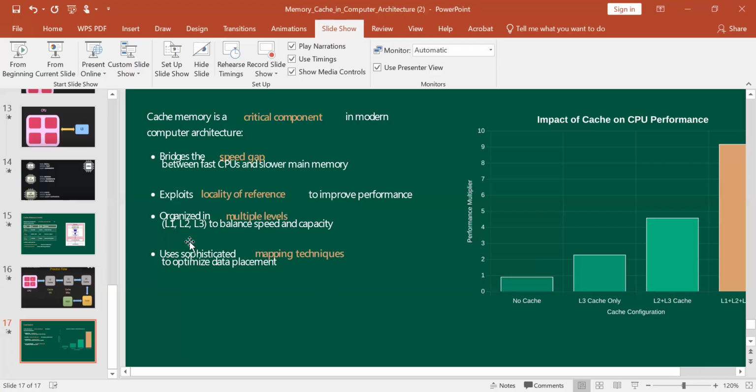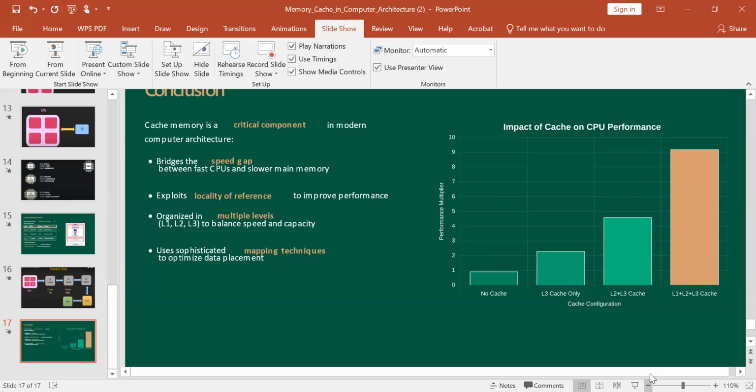We looked at level one, level two, and level three of the cache levels. And it uses sophisticated mapping techniques to optimize data placement. This lecture is not on mapping techniques. We'll be looking at mapping techniques in the subsequent lecture. But that is the importance, or how essential, the cache memory is.